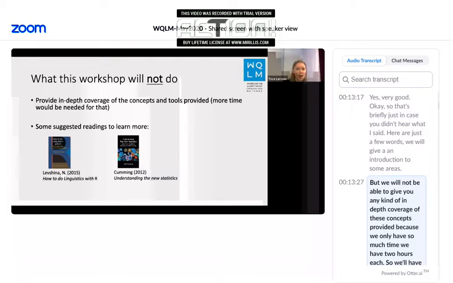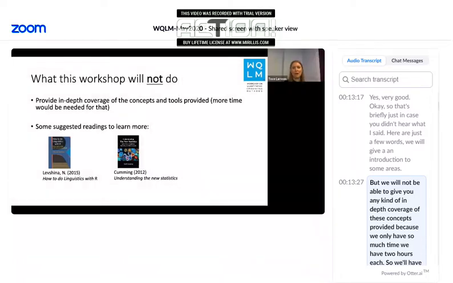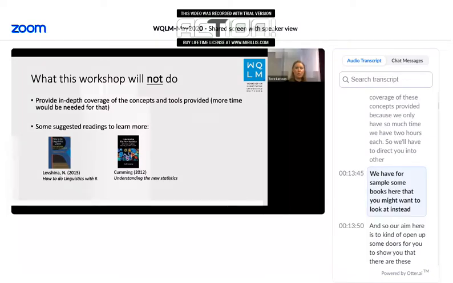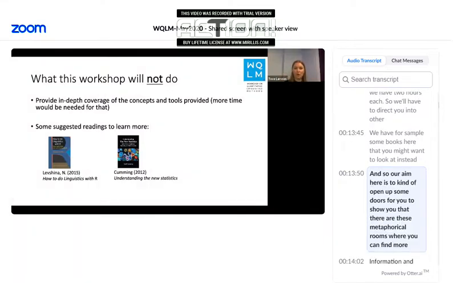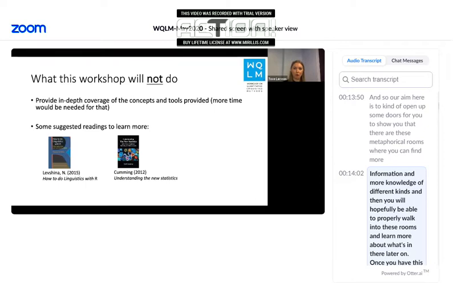Our aim is to open up some doors for you, to show you that there are these metaphorical rooms where you can find more information and more knowledge of different kinds. Then you'll hopefully be able to properly walk into these rooms and learn more about what's in there later on, once you have this introduction from us.